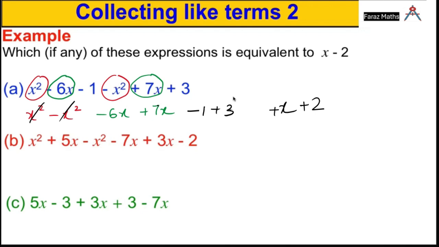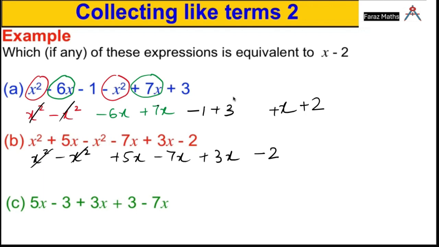The second one is x square plus 5x minus x square, again x square minus x square, plus 5x minus 7x, and plus 3x is there also, and then we have minus 2. So x square minus x square cancel with each other.